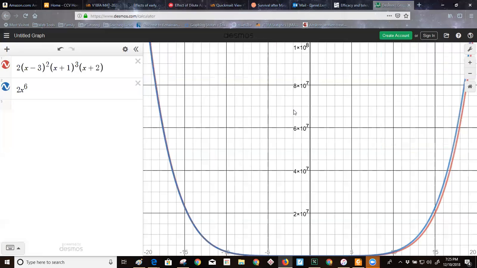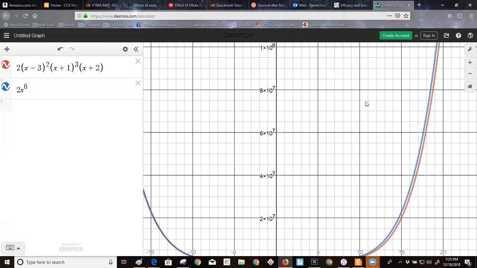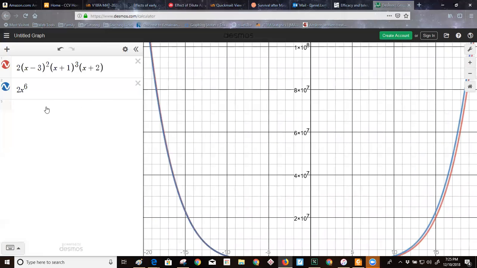You see how I get way out there? I'm way up at 80 million for the y, and you see how it's starting to approximate that curve. So that confirms that the ending behavior, that ending polynomial function, is the same as 2 to the x, 2x to the 6, way out at infinity.